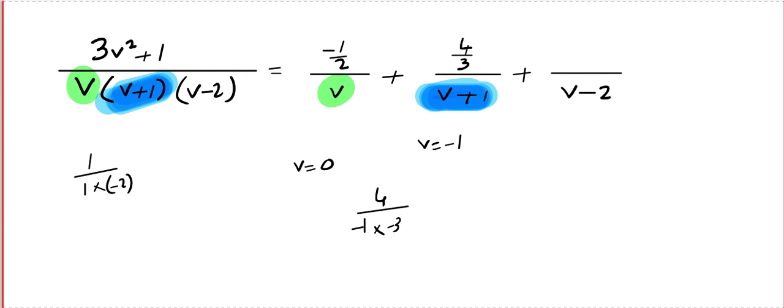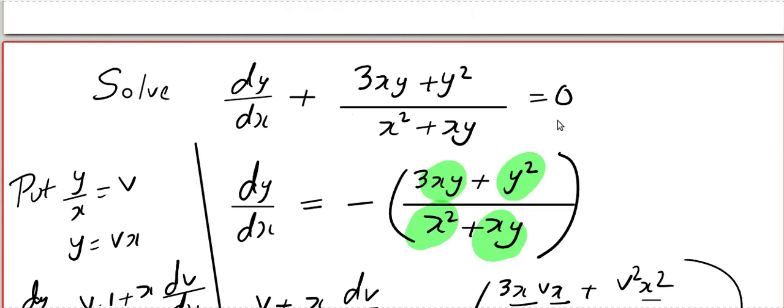Now tell me, when will our v minus 2 vanish? When v equal to 2. So 3 into 4, 12, 12 plus 1, 13. Then 2 into 2 plus 1, that will be 3 into 6, 13 by 6. Okay, I hope you got the point. Now let's go back.